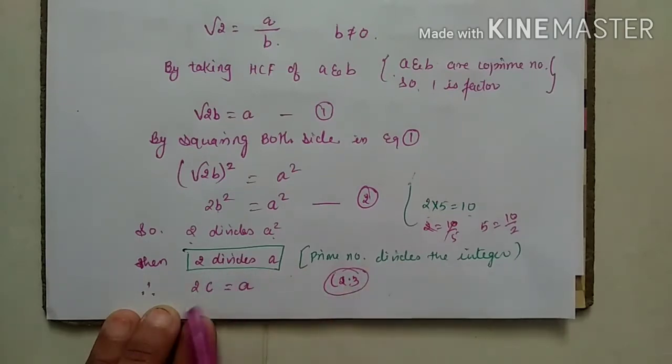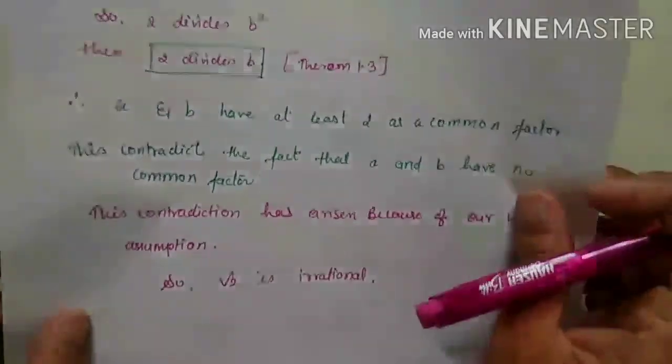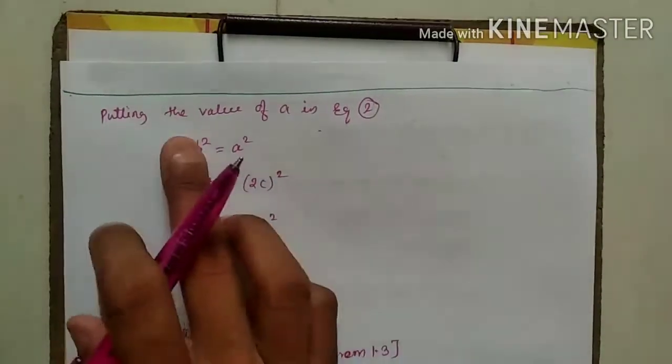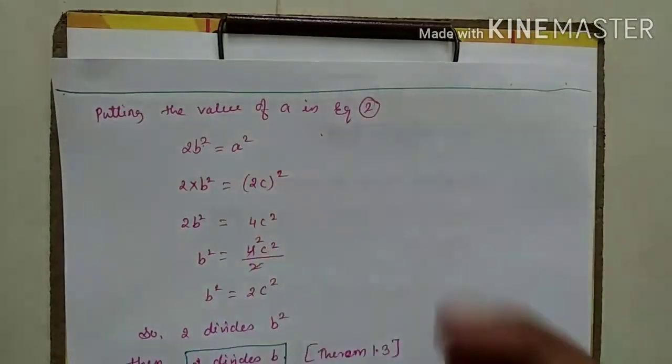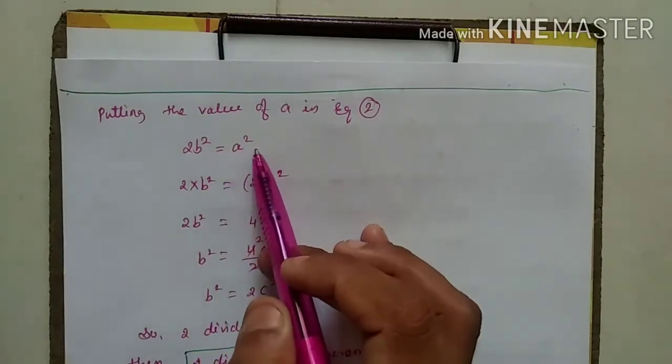So I am assuming this. I can take another integer c: 2c equals a. I can take it. Correct. I am taking another integer to explain how it is irrational. So putting the value of a in equation 2. This value I am putting in equation 2: 2b square equals a square. This is equation 2.